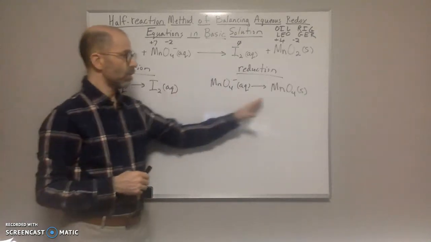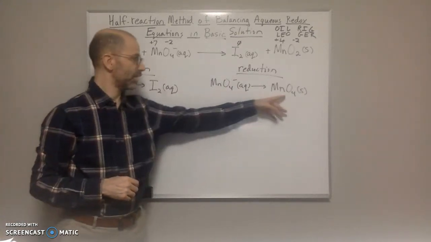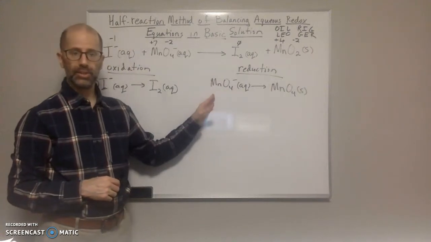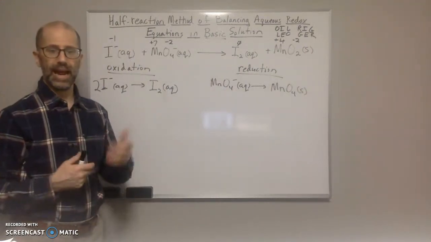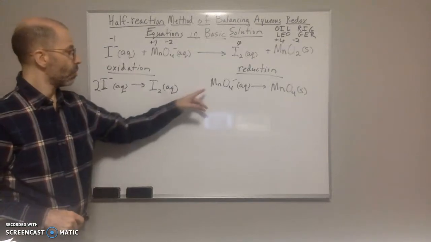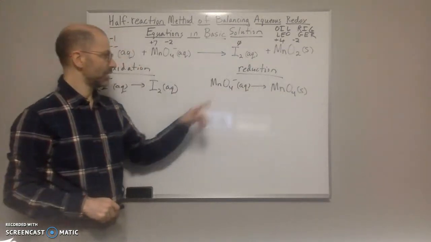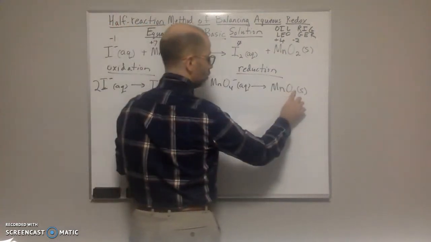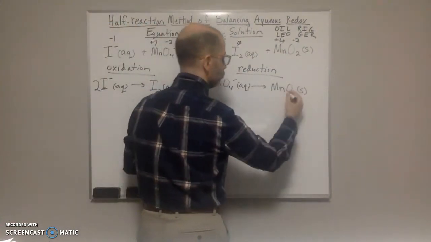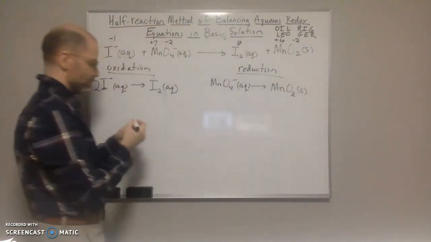For here, we've got oxygen, and we're going to have to balance the oxygens the same way we did before in acid solution. So we have 1 manganese on each side. This is actually wrong. That should be a 2.